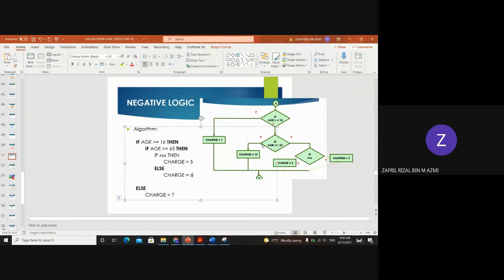For this one, how do you write this? This is line 1, 2, 3, 4, 5, 6, 7, 8. Line what? Line number what, class? 7.